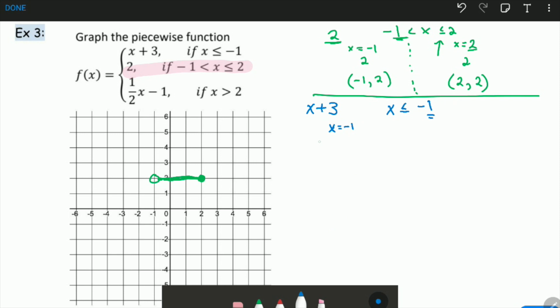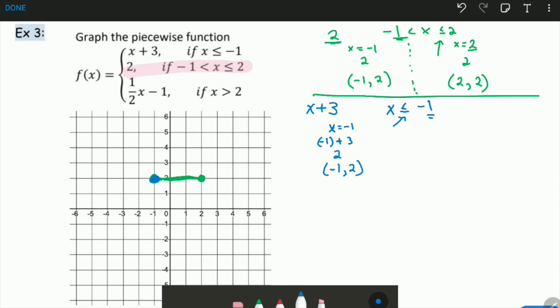My equation is x plus 3, so it's negative 1 plus 3, which is 2. So this point is negative 1, 2. This is a solid dot because it's less than or equal to. So solid dot at negative 1, 2. Okay, so there we have that first point.